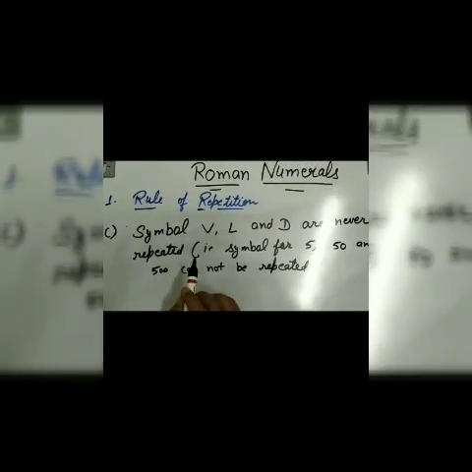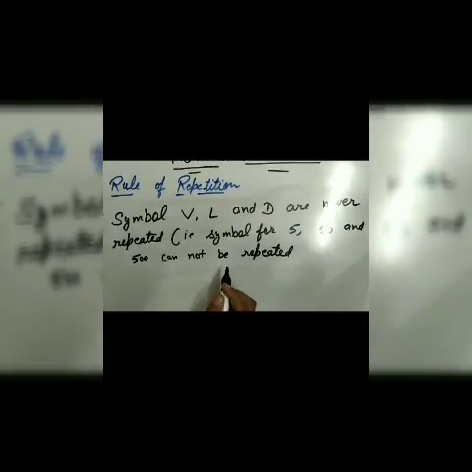See its C part. Symbols V, L and D are never repeated. It means V means 5, L means 50 and D means 500. These symbols cannot be repeated. It means we do not write the number 10 by repeating V, VV.